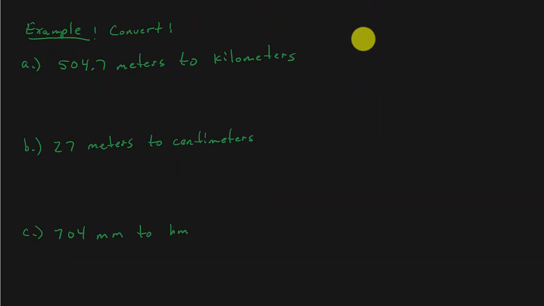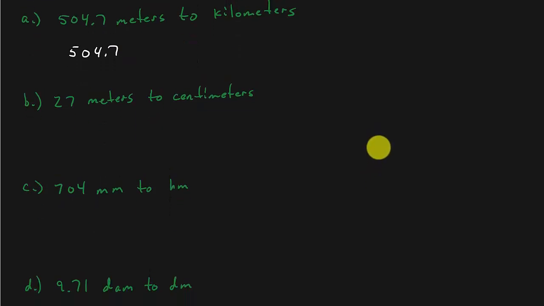Okay, so let's look at these examples here of converting. So we want to convert 504.7 meters to kilometers. What I would do is write down 504.7.